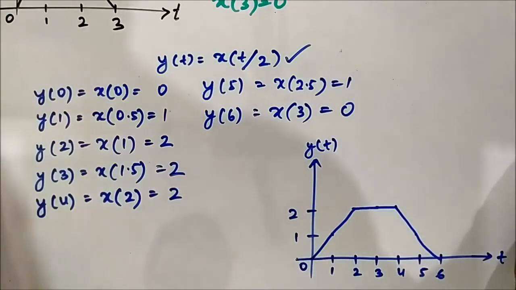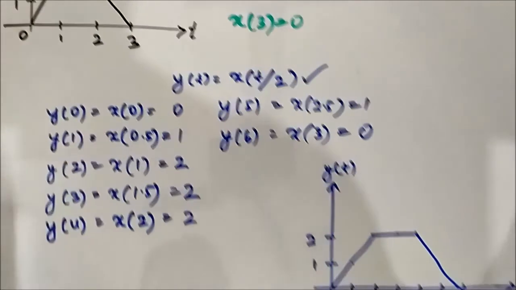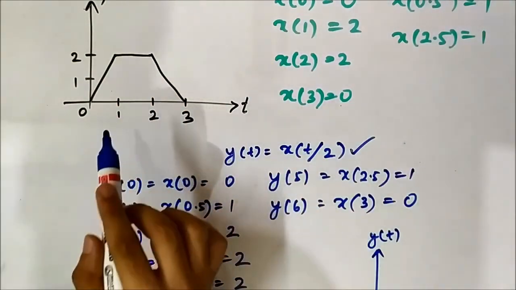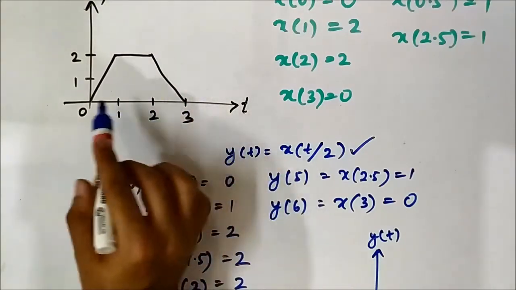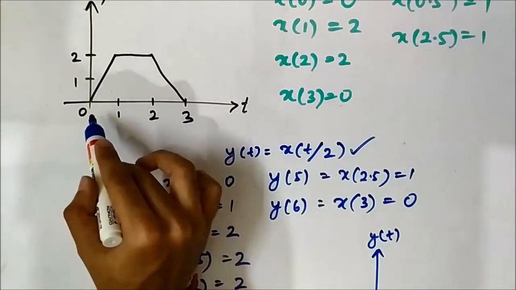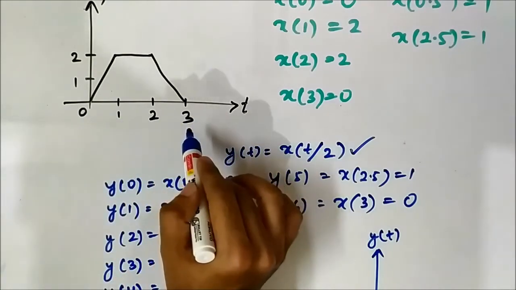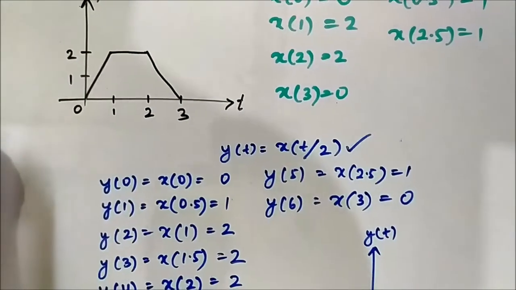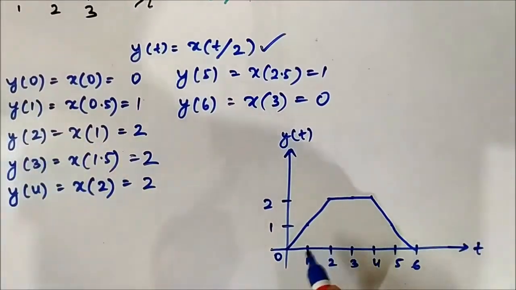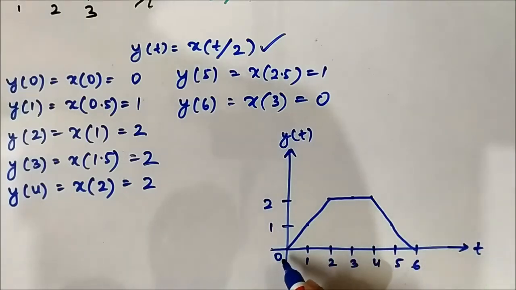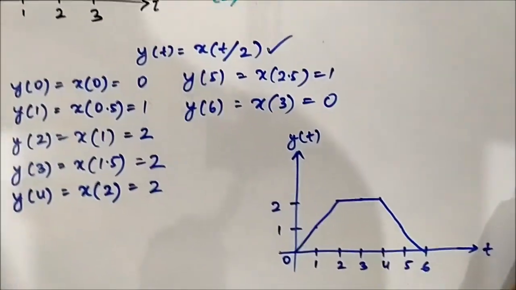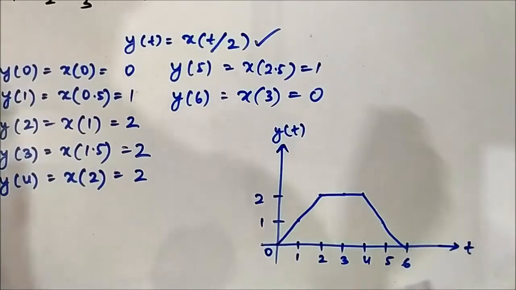See, this shape and this shape are still there, but here the width of the signal on the horizontal time axis, from 0 to 3 in the reference signal, because of this time scaling operation, the time interval of the signal on the time axis has increased to twice the original reference signal, from 0 to 6, 2 times.